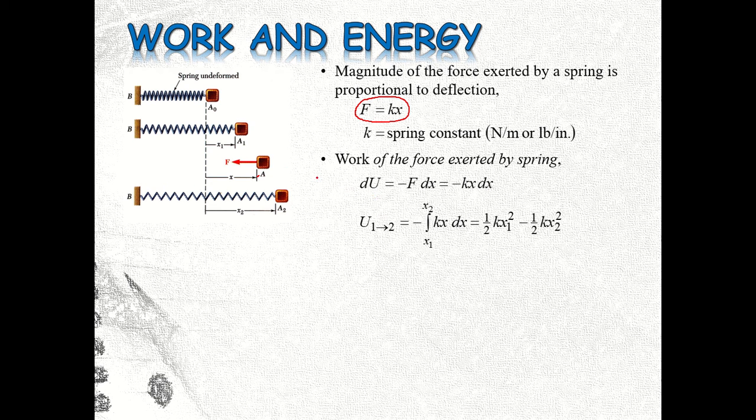To find the work done from this point to this point, meaning stretching from this point up to this point, we solve the work of a force by integrating. We have to integrate this equation, class. So we have dU equal to the negative of kx dx. Integrating both sides.